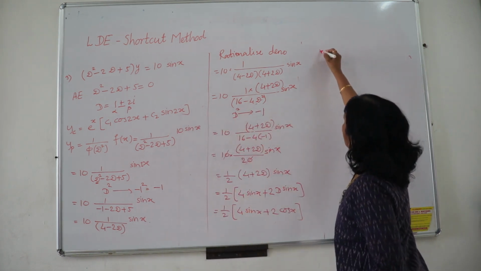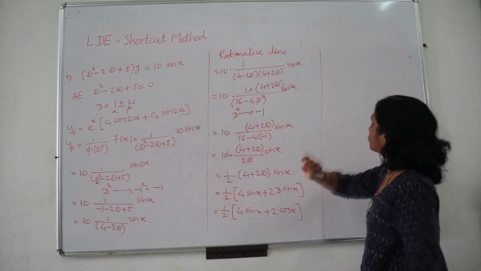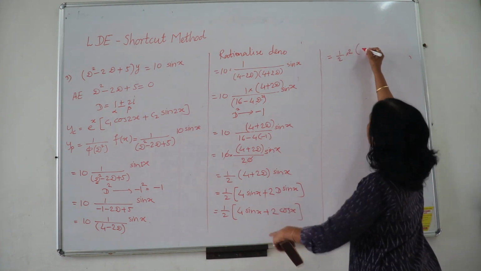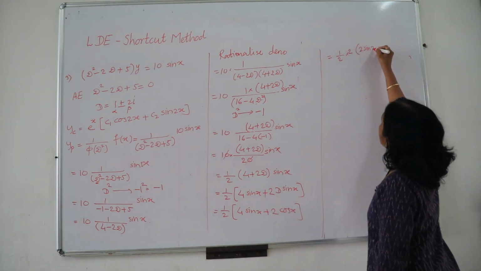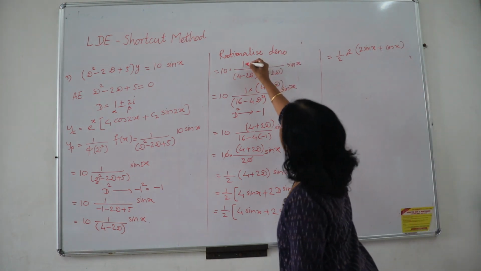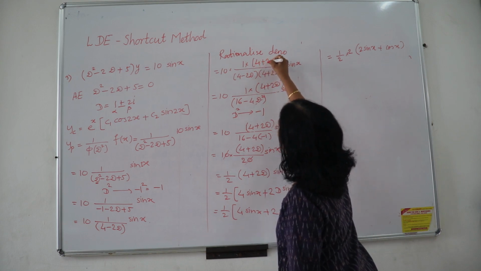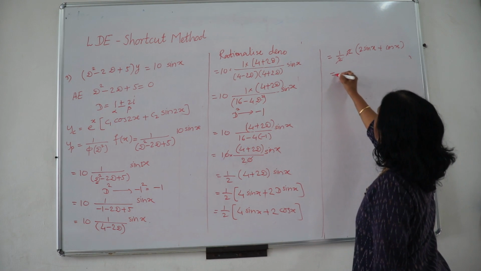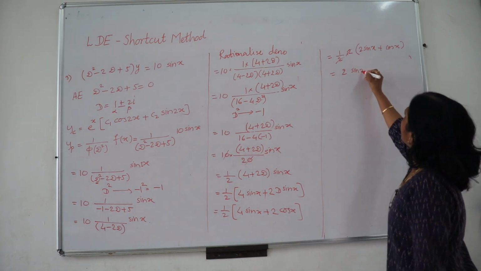So this is the YP calculation completed. You may take common and do the calculations ahead if you want. So 1 upon 2 into bracket, this will be 2 sin x plus cos x. This will be the value. Okay, so when you are doing rationalization, numerator and denominator are multiplied by the same factors, so 2 and 2 will get cancelled. So this is 2 times sin x plus cos x.